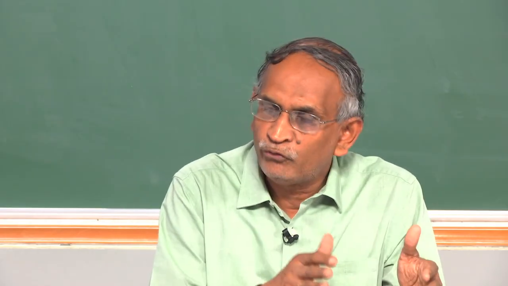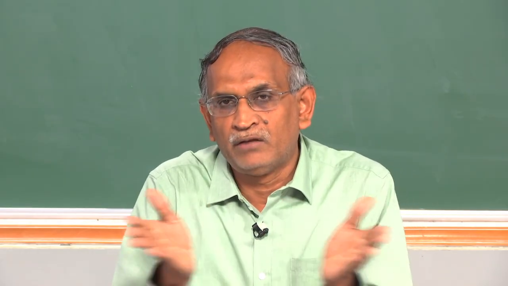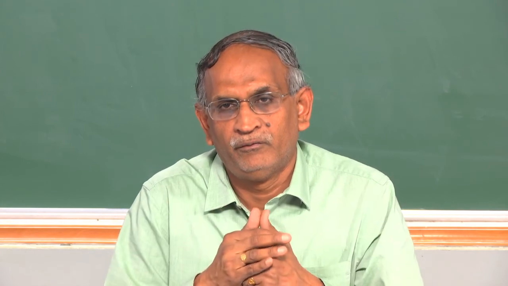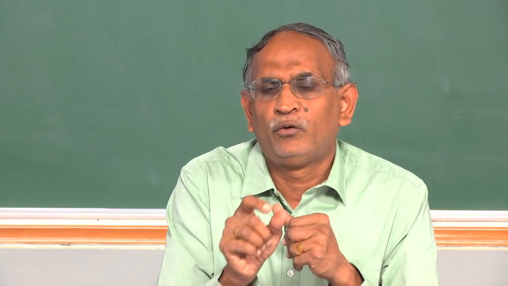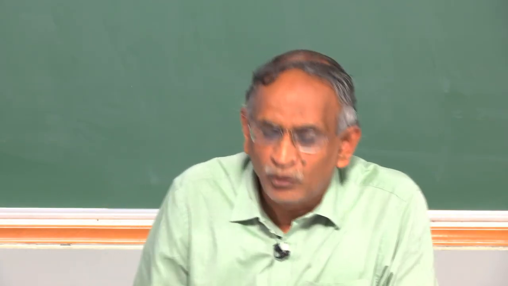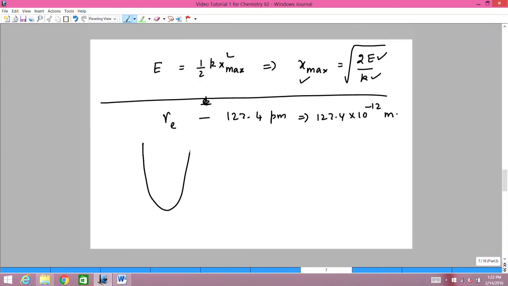Therefore, at this energy, if the maximum amplitude is very close to the bond distance, then what it means is that the vibrational amplitude is very small, and therefore the equilibrium bond distance and the fully stretched vibrational molecule, the two bond lengths are very close to each other. For example, if the equilibrium is given by 127.4, and corresponding to this energy, this number is a fraction of 127.4.